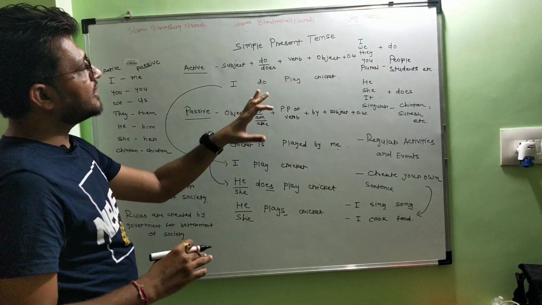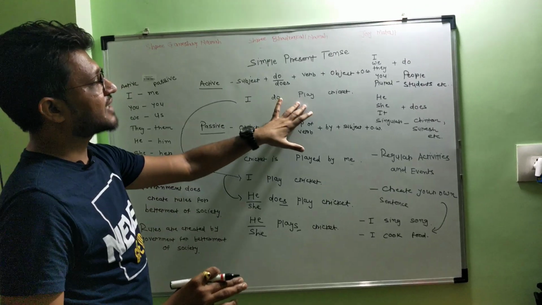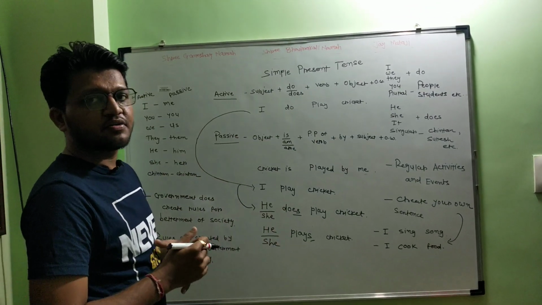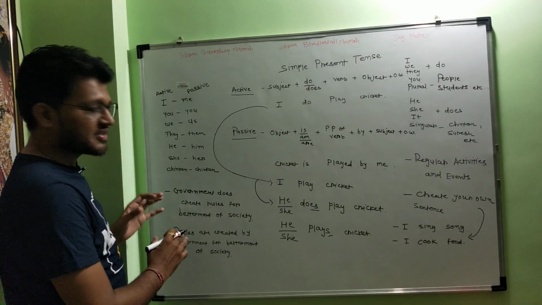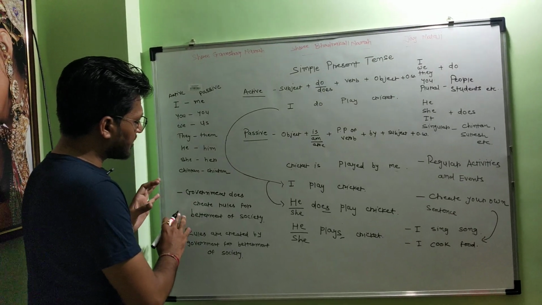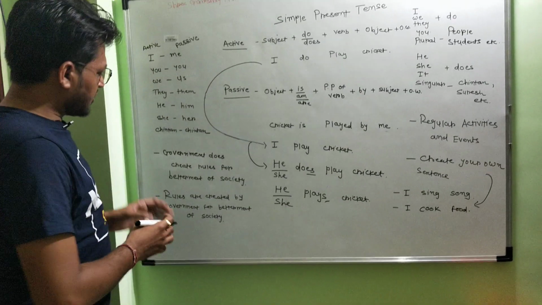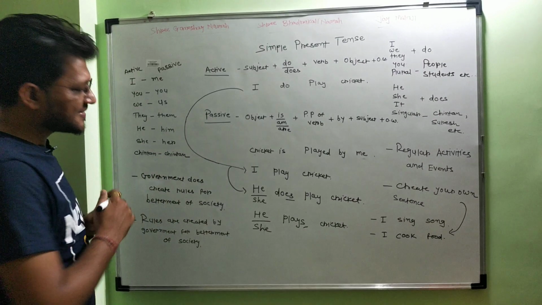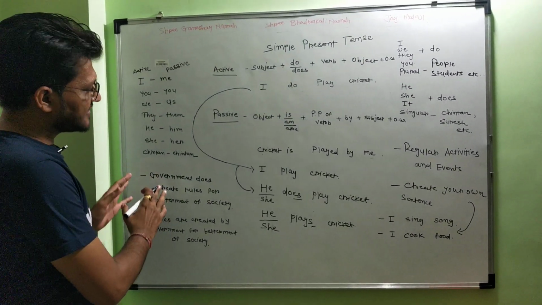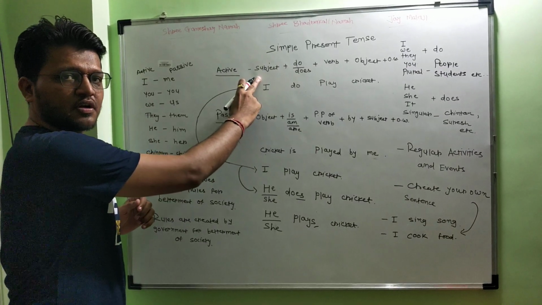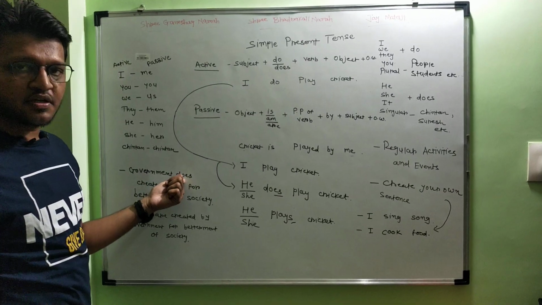Now normally, in day-to-day communication, we do not have this kind of sentence. So let's talk about another sentence, the kind we normally see, which is also as per this structure. My sentence is: Government does. Why does?